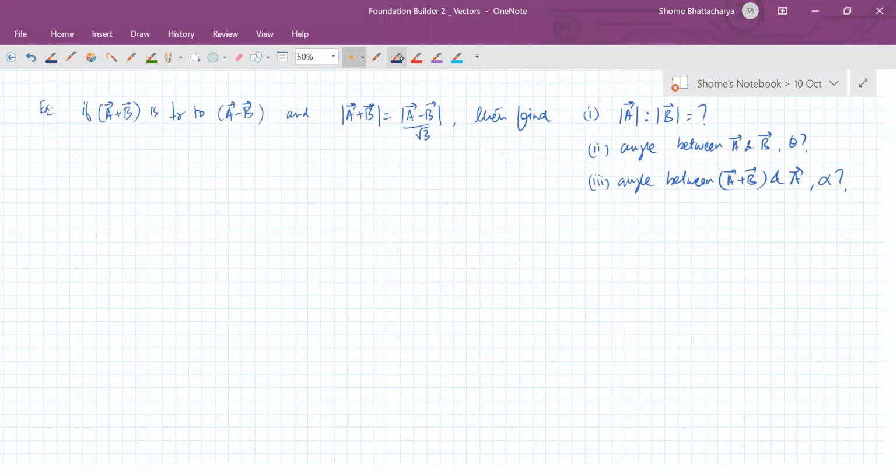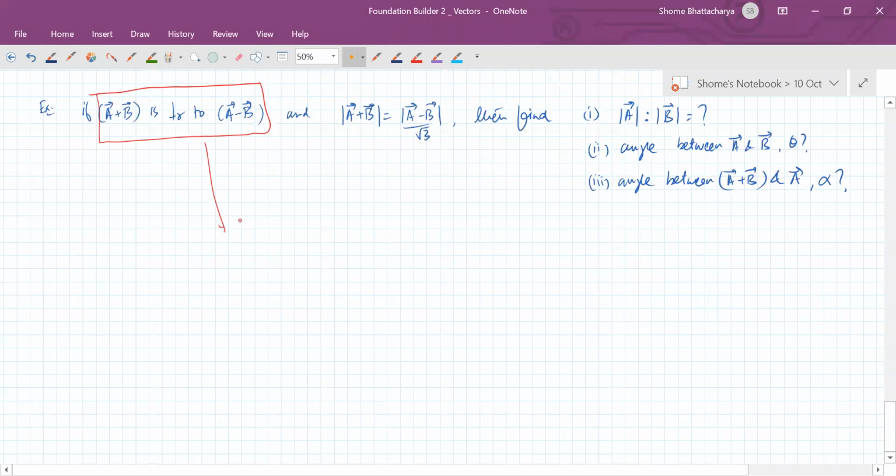See, if you use the property of the rhombus, the moment you see this relation here, you understand that if A plus B is perpendicular to A minus B, it means that the vectors A and B make a parallelogram with perpendicular diagonals.